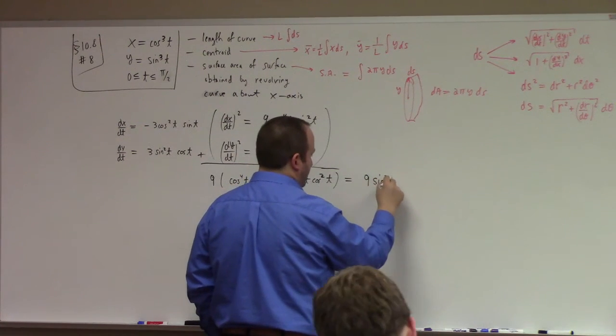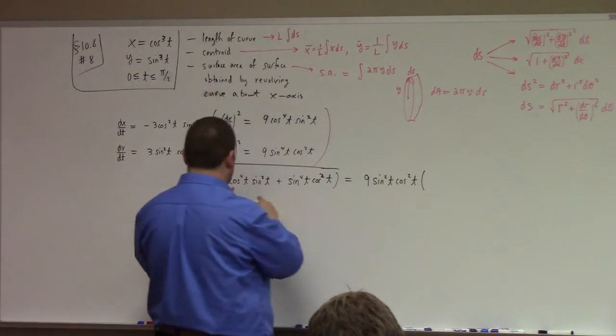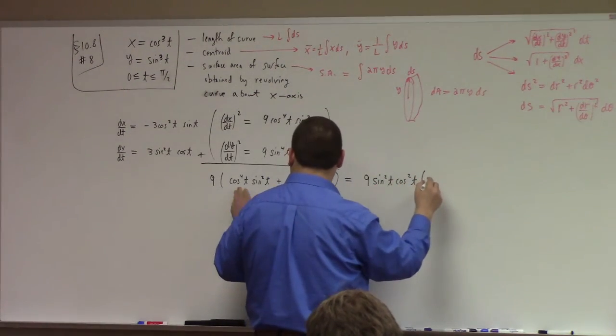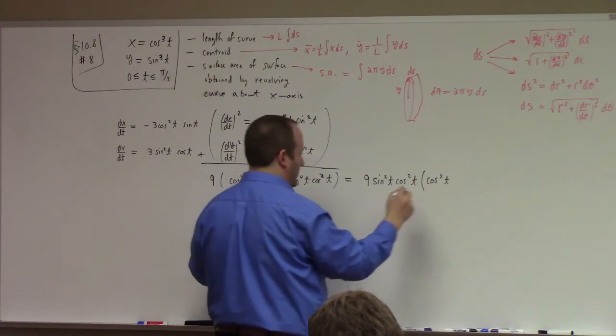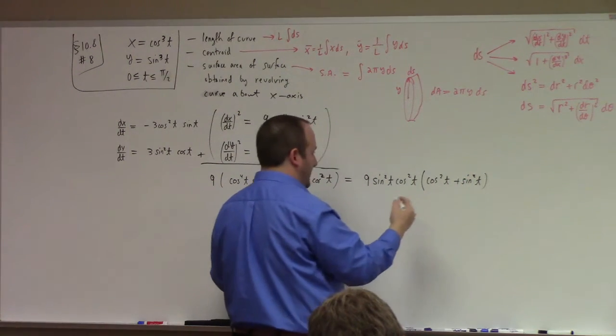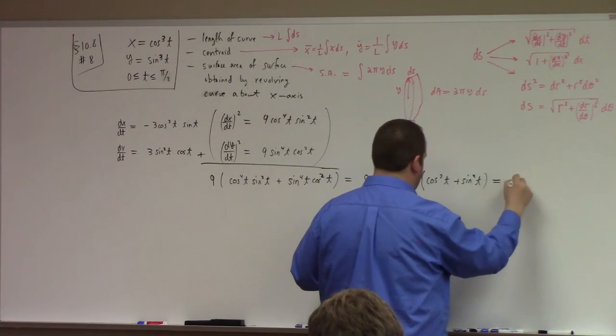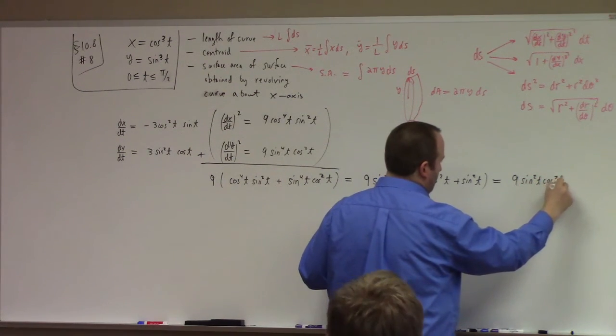There's a sine squared t and a cosine squared t. This is actually not too bad. And then what's left? Its bark is worse than its bite. So this is 9 sine squared t cosine squared t.